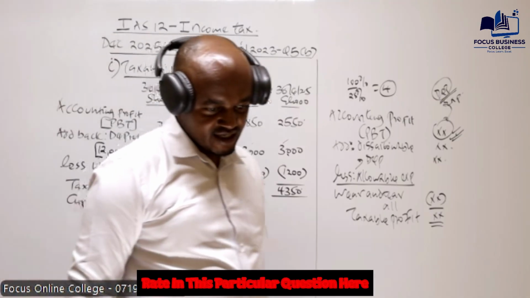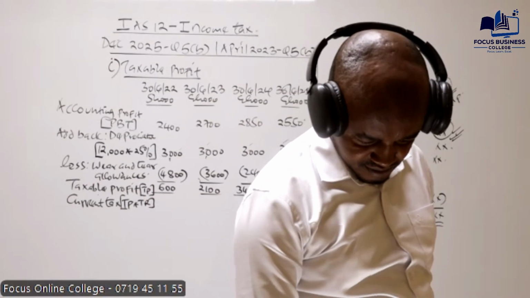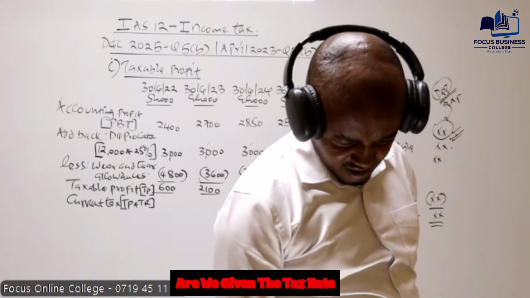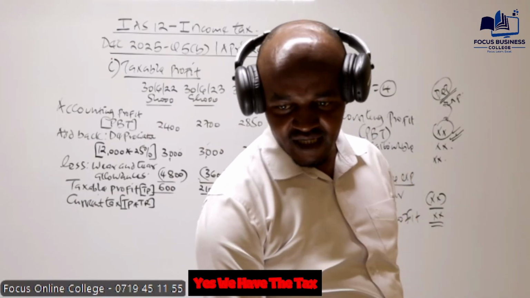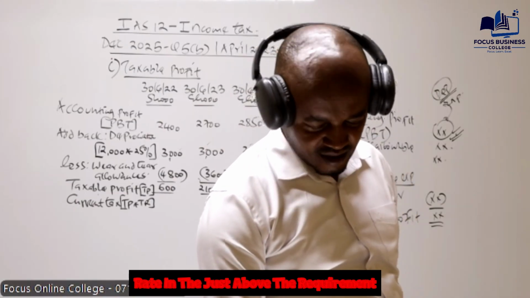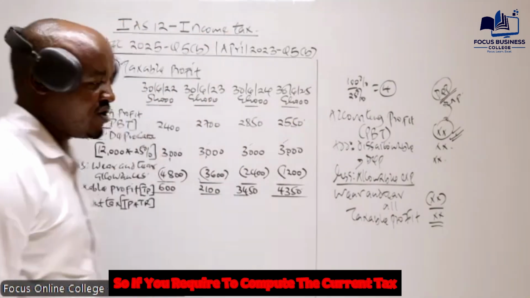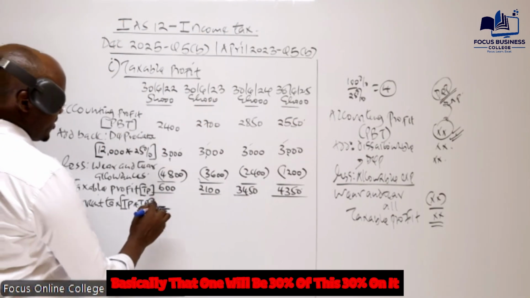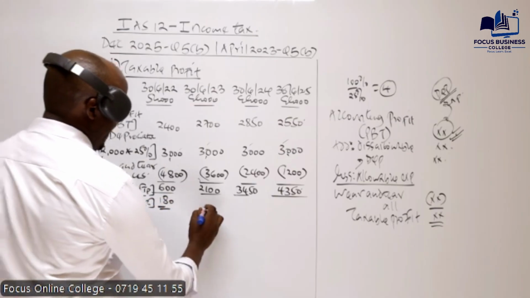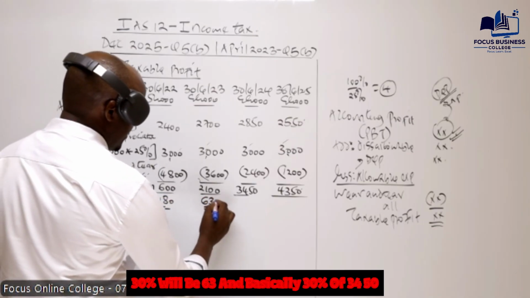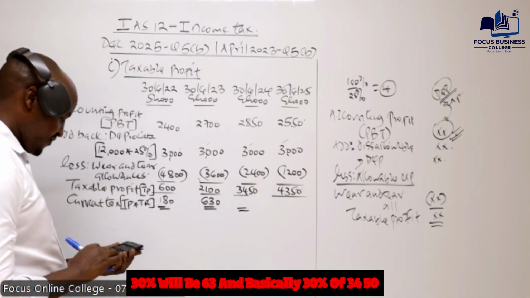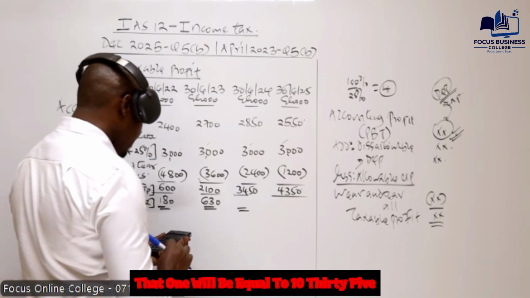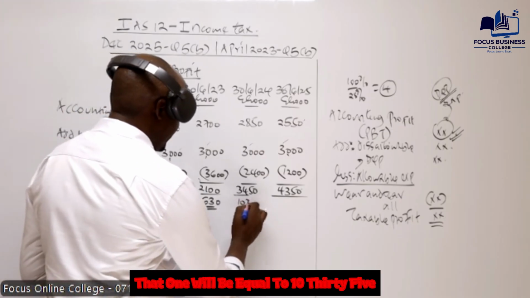Are we given the tax rate in this particular question? Yes, we have the tax rate just above the requirement. The tax rate is 30%. So if you're required to compute the current tax, that would be 30% of this. 30% of 600 would be 180. 30% of 2,100 would be 630. 30% of 3,450 would be 1,035.